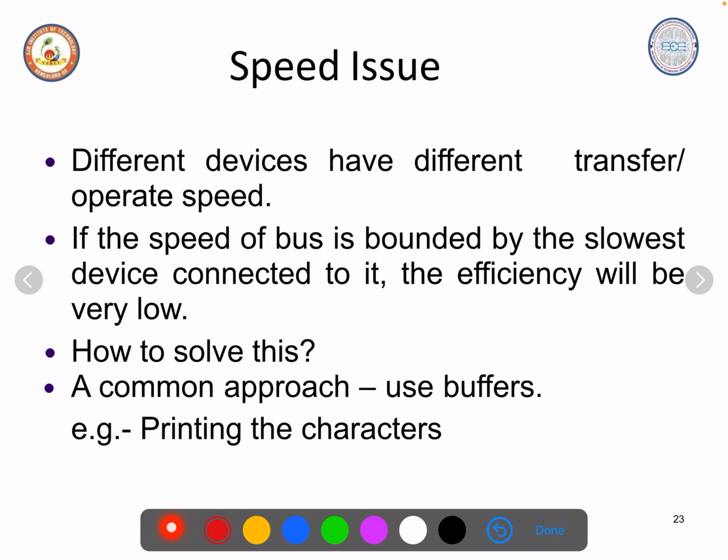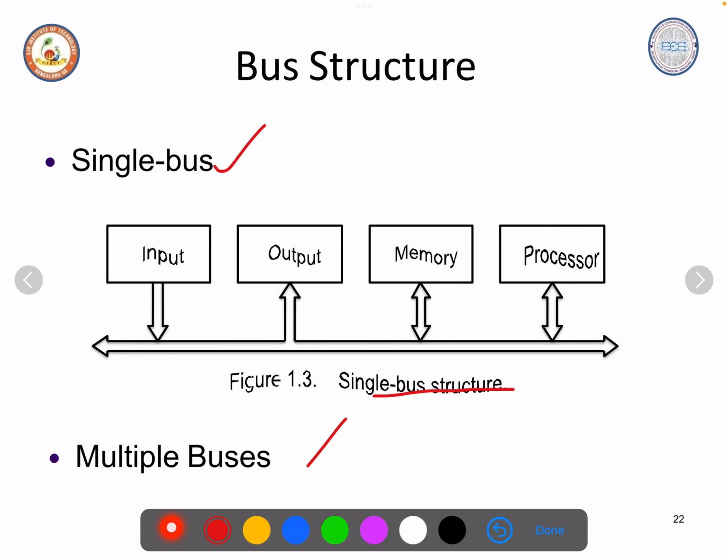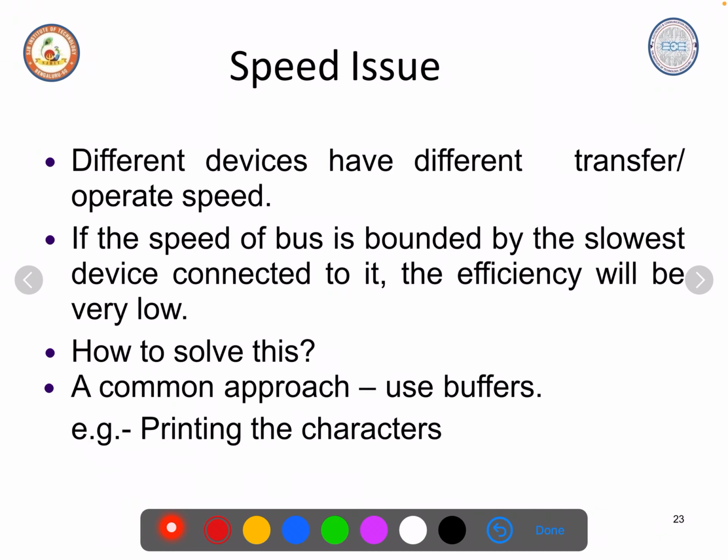The advantage with multiple buses is that you can transfer data between multiple devices at the same time, but the problem is that the cost of the system will increase. These are the performance and cost trade-offs with multiple buses.